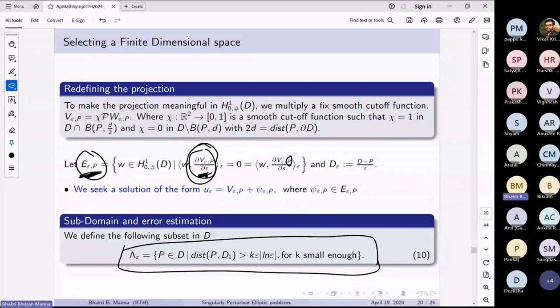So it now boils down to the fact that if I want to find the critical point of my energy, I have to find, if I restrict the energy in this space, a critical point here. If I restrict my function to this space perpendicular, which is finite dimensional, there also we have to find the solution. So finding the solution here is a bit tricky and very technical.